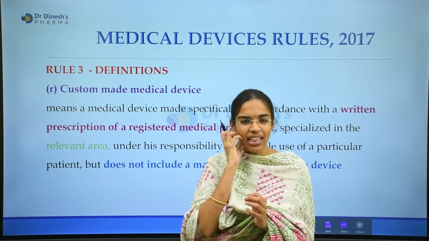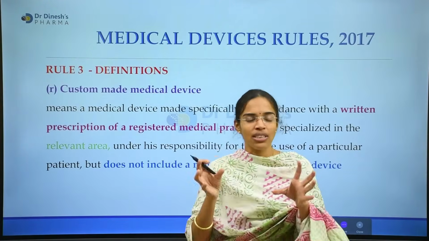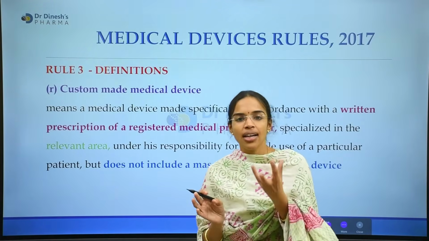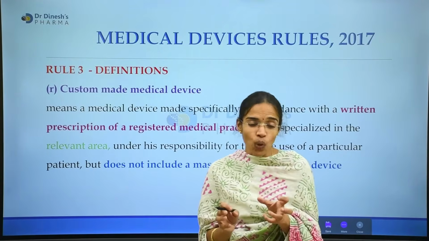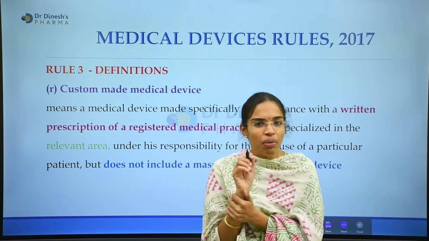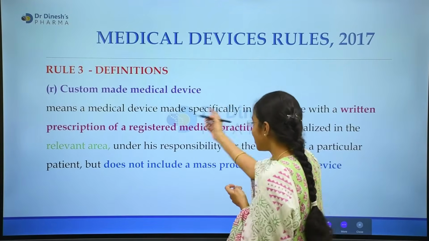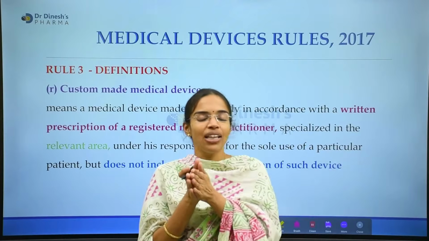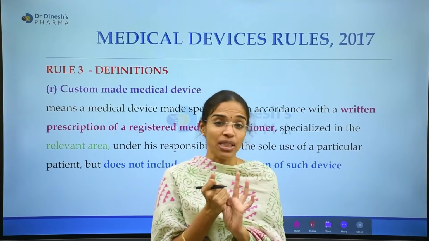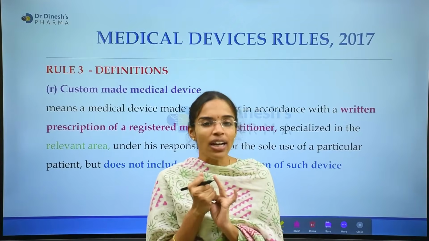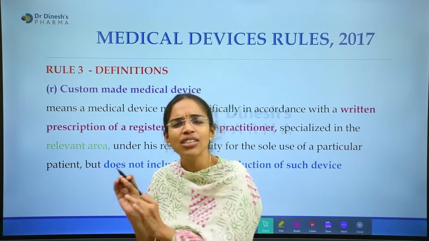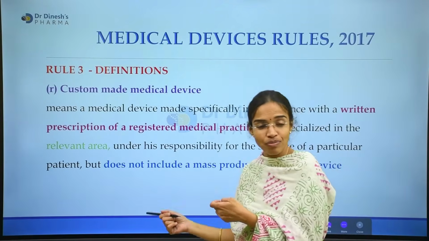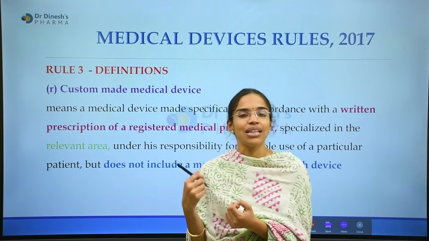These custom made medical devices are not manufactured, sold or imported in bulk. They are specifically designed for a relevant area, or according to the prescription of a registered medical practitioner, or according to the definite specific needs of any patient or person. Only in that case can it be called a custom made device.